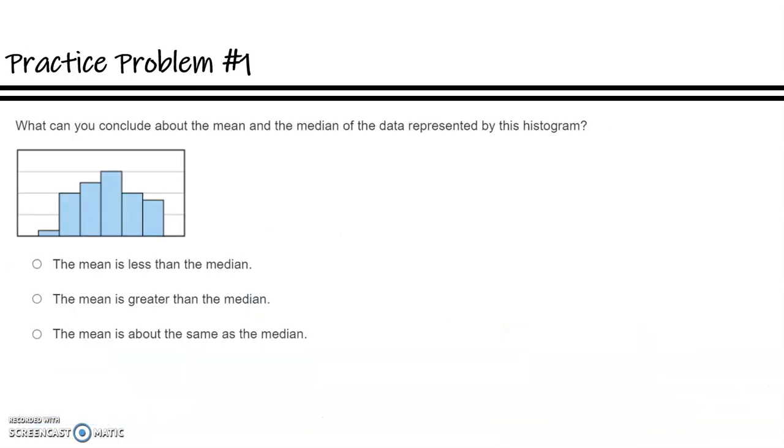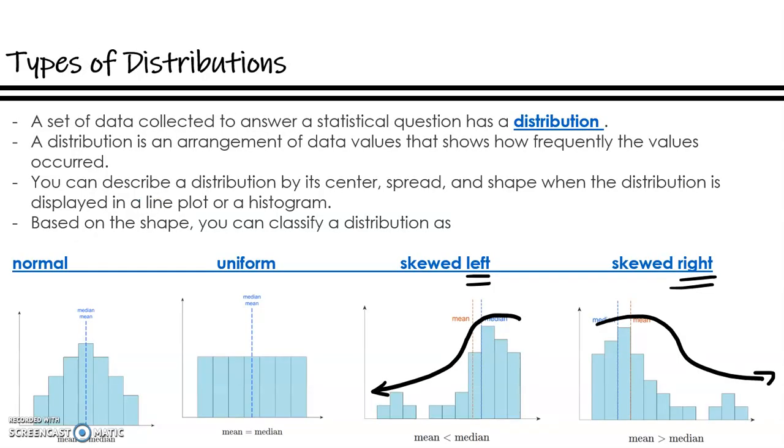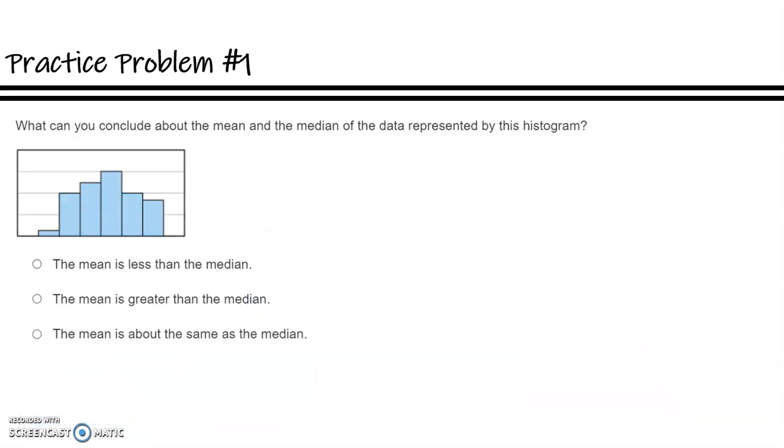So here's practice problem 1. What can you conclude about the mean and the median of the data represented by the histogram? So look at our categories. Again, we have normal, uniform, skewed left, skewed right. What does this look like to you? It's not perfect, but it definitely is pretty normal, okay?